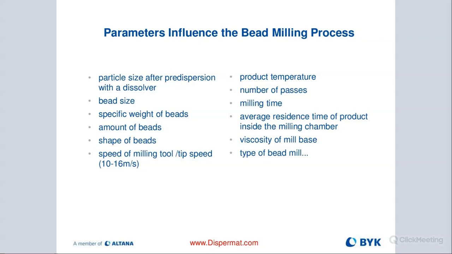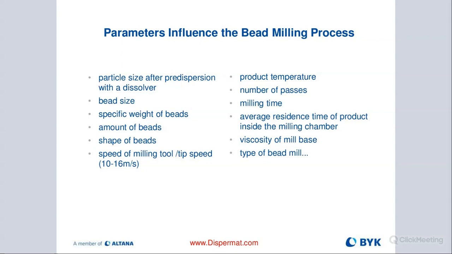The number of passes, how often does it cycle through our media mill? It's different on a horizontal mill than on a basket mill, but cycles matter. And the more we cycle our slurry through our media mill, the smaller our particle size will get.